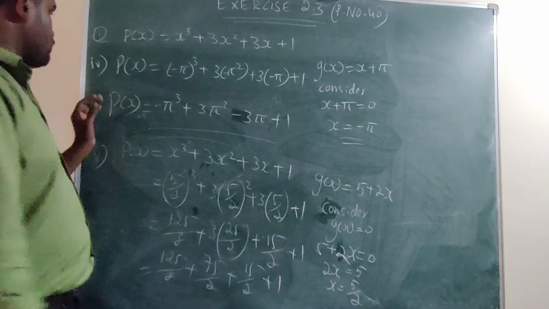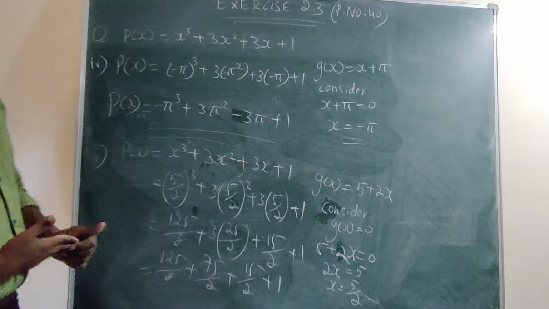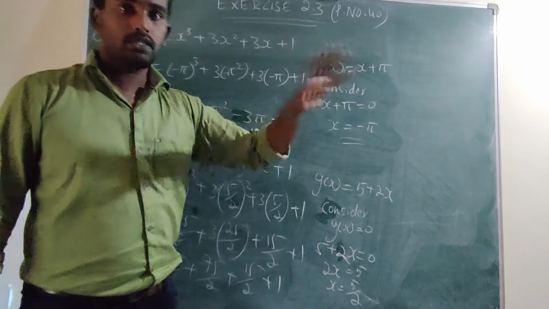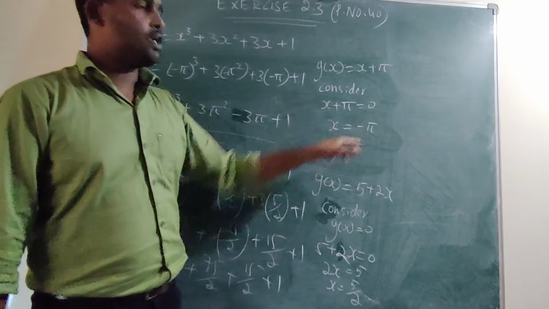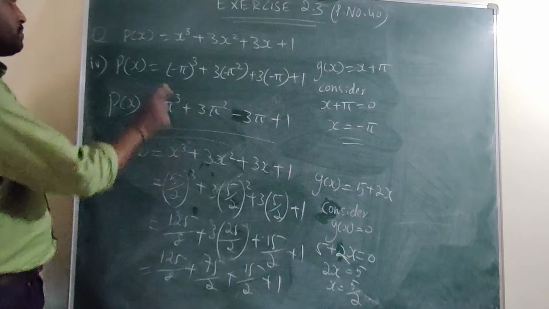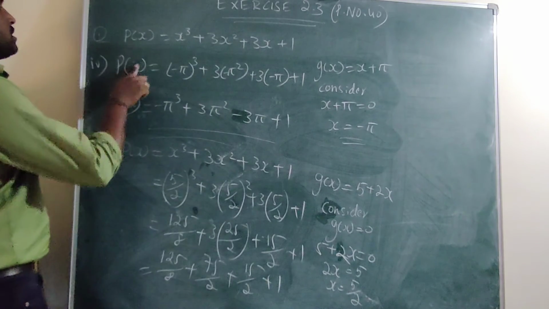Okay, fine, students. Fourth sub question. Find the remainder using x plus pi. X plus pi is equal to 0. Plus pi on transposing becomes minus pi. Please substitute here. Instead of x you can replace minus pi.